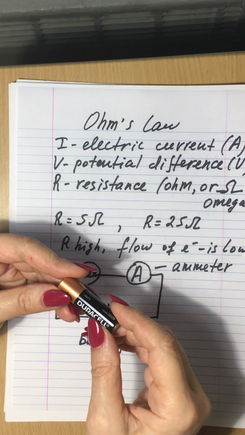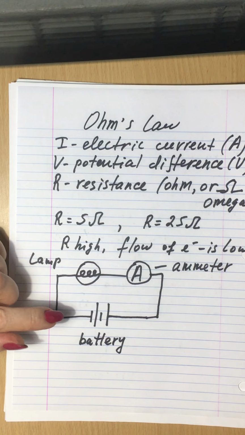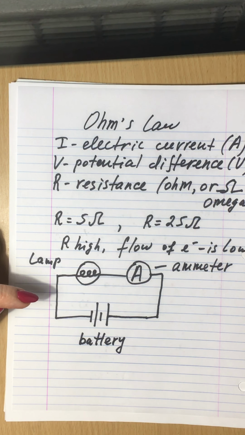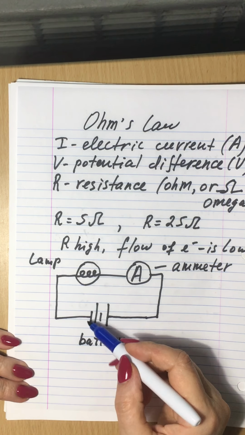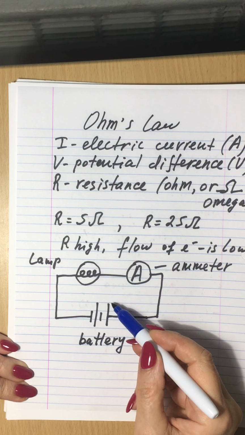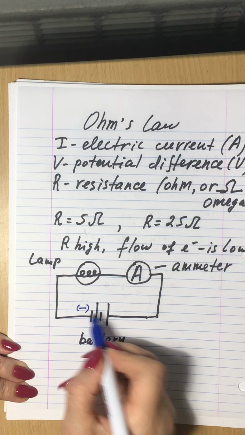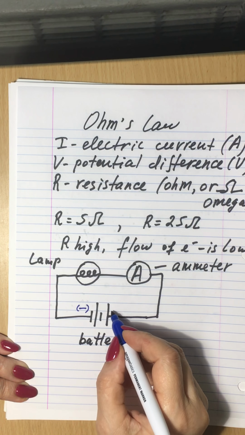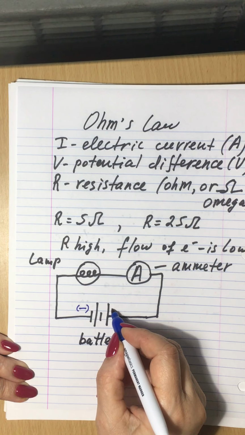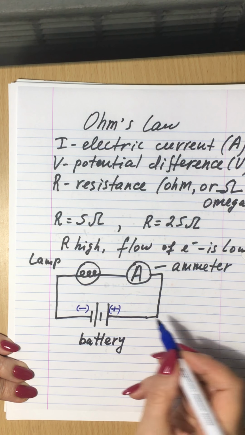And a negative terminal. And here on the diagram, they use short and long parallel lines. So the short one will represent the negative terminal, and the long one, the positive terminal.